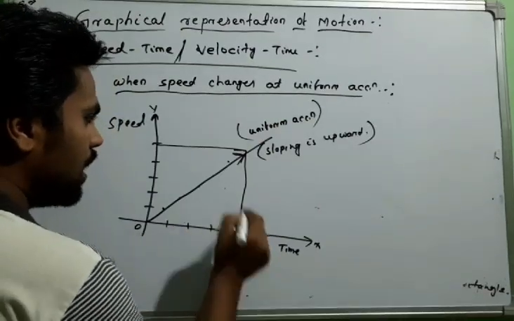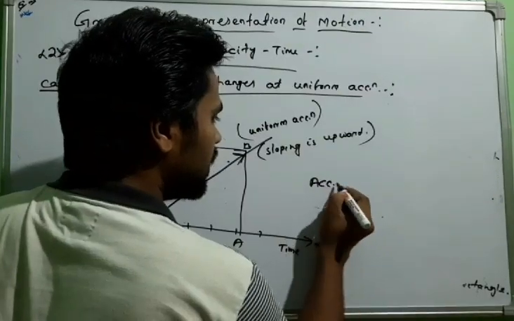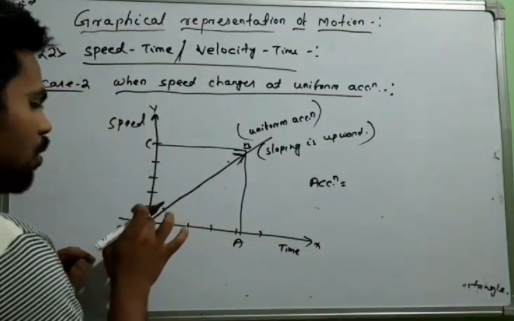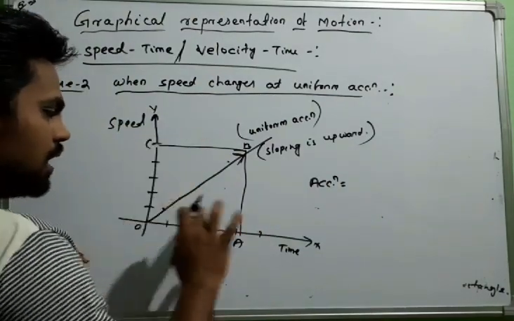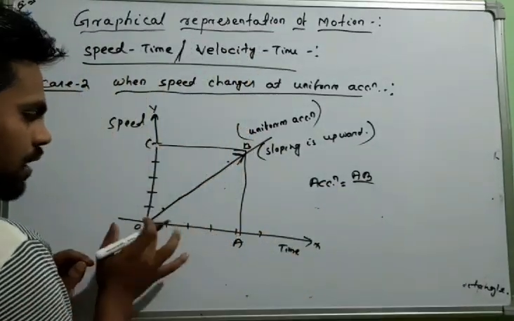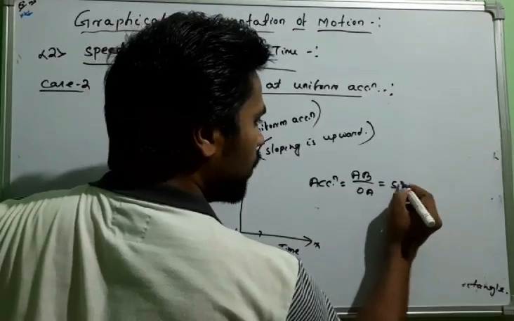Just I'll take OABC. Here acceleration is equal to change in speed. Speed is changing from 0 to C, that means OC, which is equal to AB, divided by OA, the time change.